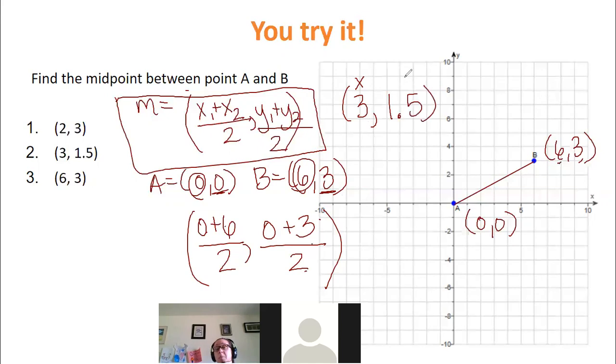So my midpoint is 3, 1.5. This is the midpoint on the line. So number 2 would be the answer. You're just writing the formula down, plugging in your values, and then just simplifying.